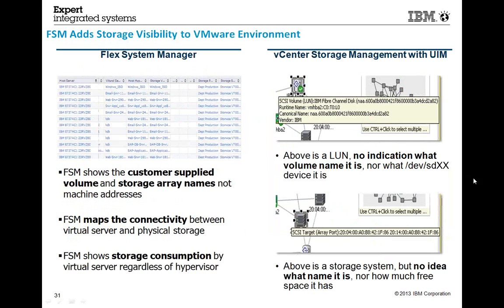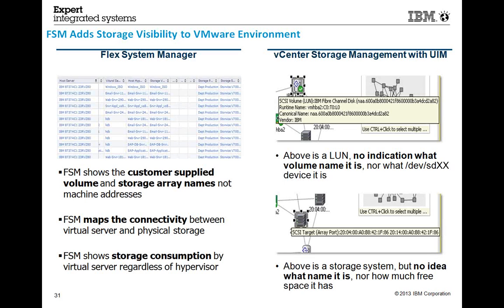Now, the V7000 connected via the FSM, and as you can see, right, for many of you, on the left-hand side of the screenshot, you're seeing the various servers, you're seeing the host type, and then you will see the storage name also. Now, that gets integrated into the vCenter storage management as well, right?